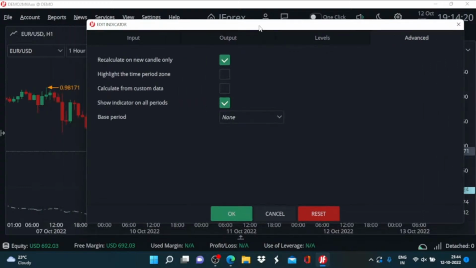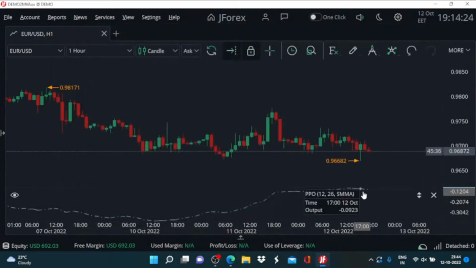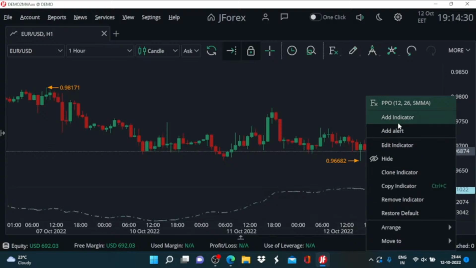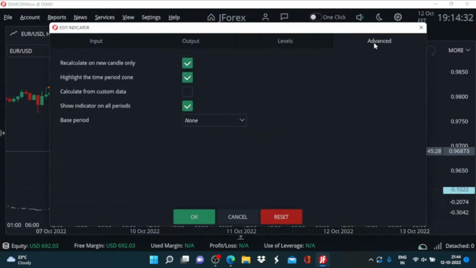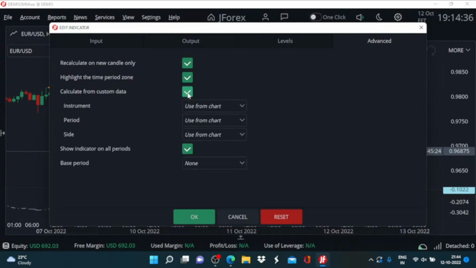If you want the calculation period to be highlighted so that it becomes easier for you to remember what is the current calculation period, you can go for this option. Calculate from custom data. The calculation can be customized further.